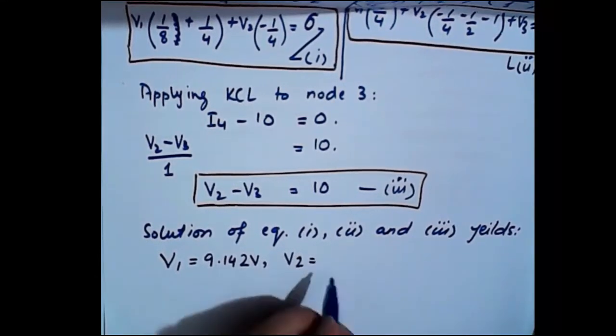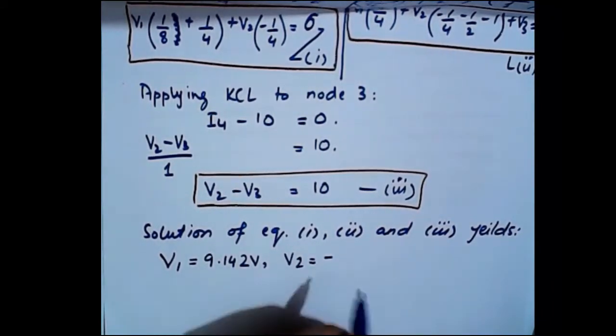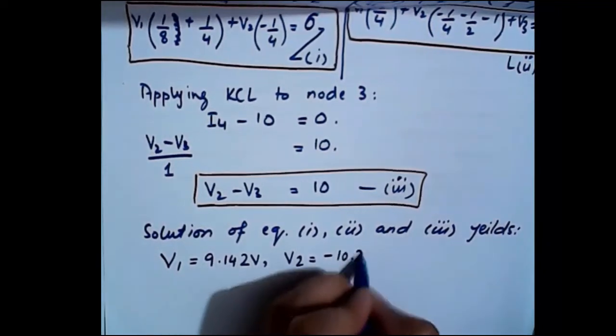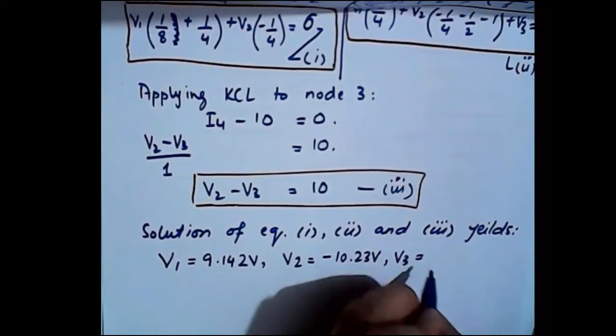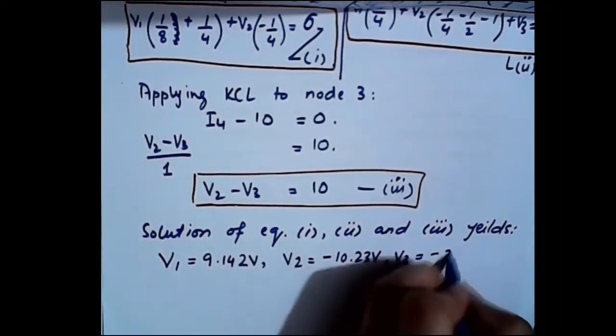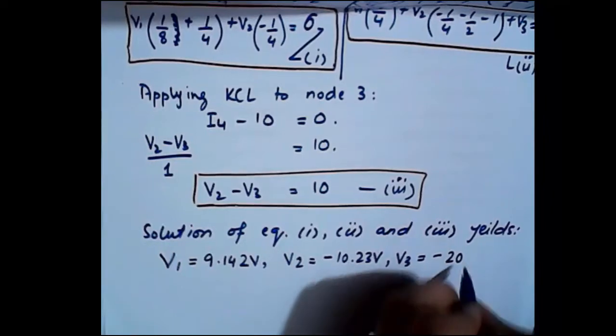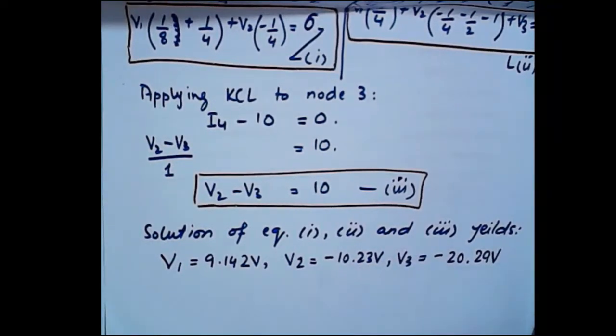V2 as minus 10.23 volts and V3 as minus 20.29 volts. Okay, so these are your final answers based on the question, right?